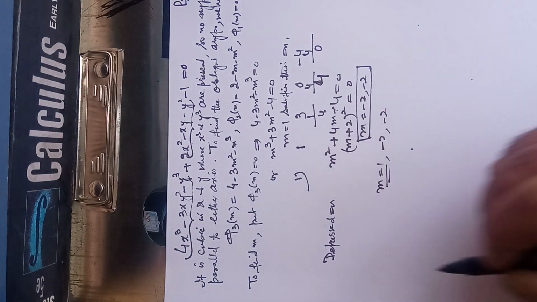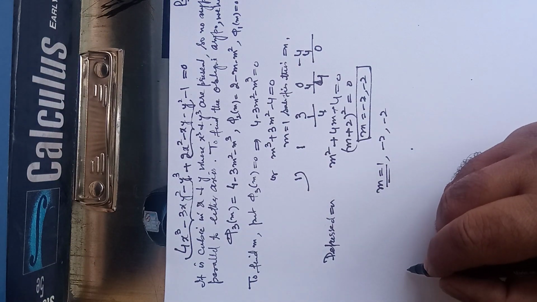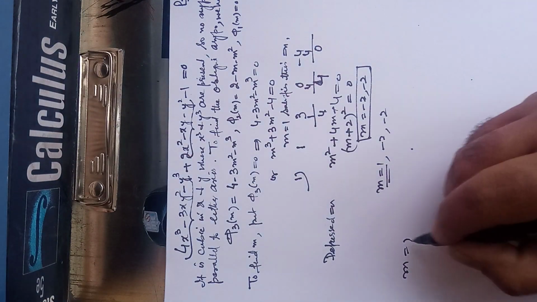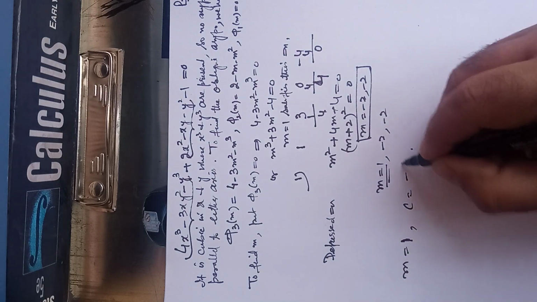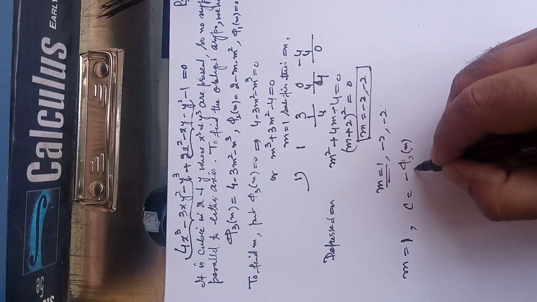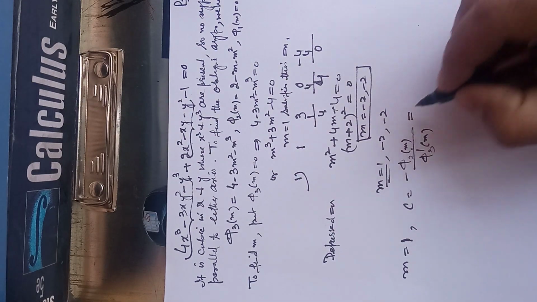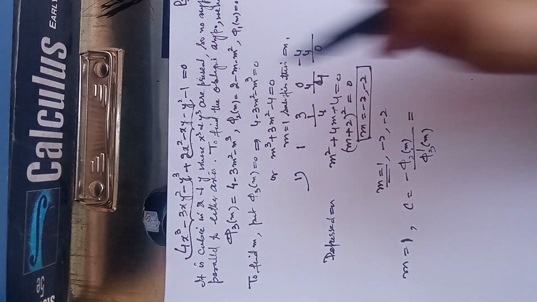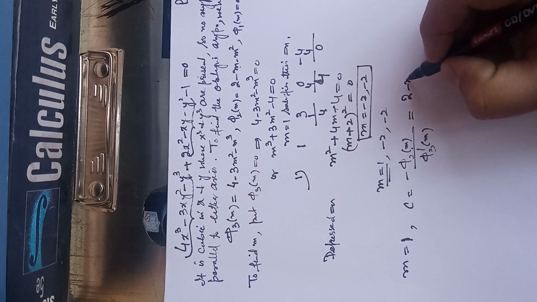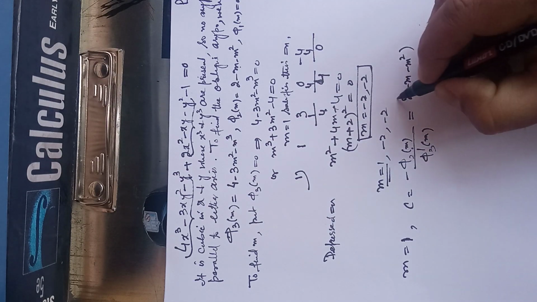Now for m equal to 1. When m is equal to 1, your c is equal to minus phi 2m divided by phi 3 dash m. What is phi 2m? Phi 2m is 2 minus m square.